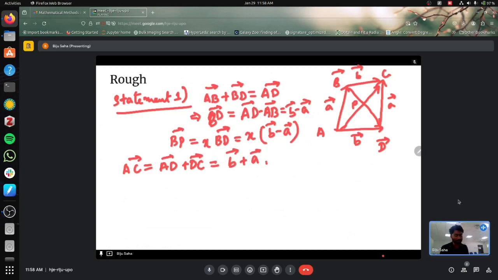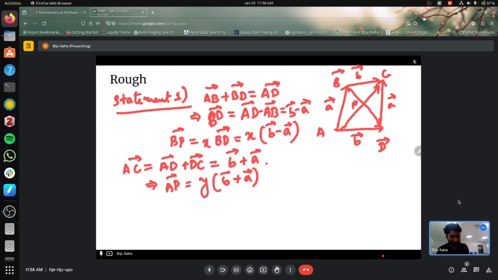Again using the same criteria as for the other diagonal, we can write AP vector as some fractional multiple of AC vector. So right now we have expressed AP and BP in terms of B minus A, B plus A, and X and Y.